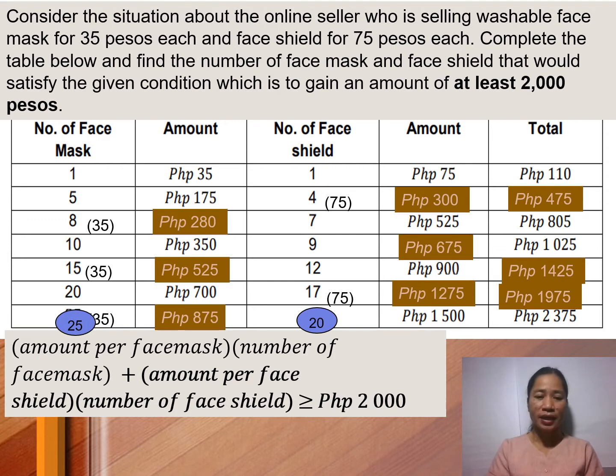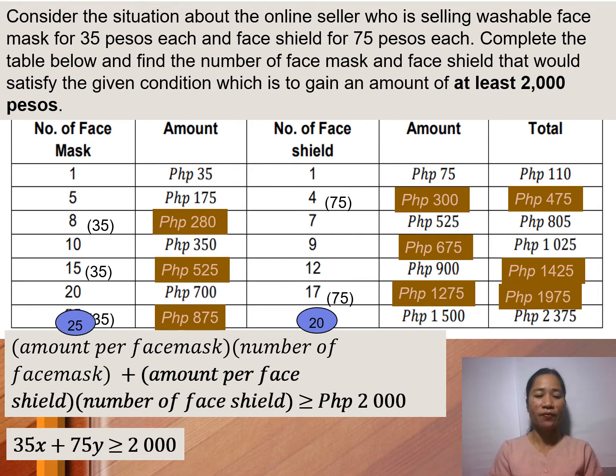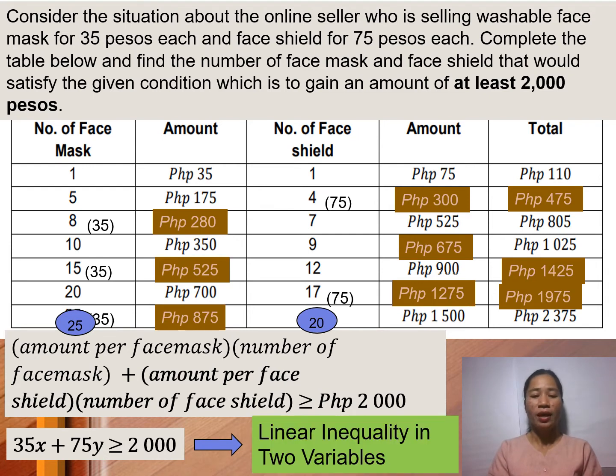If we replace the number of face masks by variable x and the number of face shields by variable y, then it becomes 35x plus 75y is greater than or equal to 2,000. So this mathematical statement, 35x plus 75y greater than or equal to 2,000, is an example of a linear inequality in two variables.